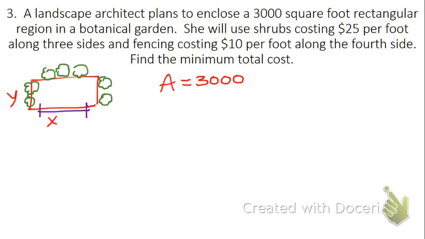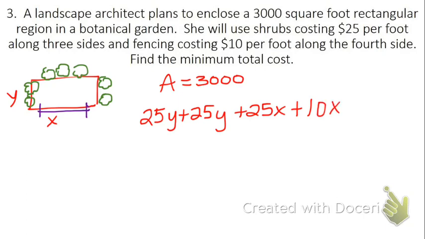So there are shrubs on 2 of the Y sides and 1 of the X sides. So it's going to be 25 times Y plus 25 times Y plus 25 times X. That's how much the shrubs will cost. The fencing is $10 per foot, so it's going to be 10x. So that's going to be the cost.